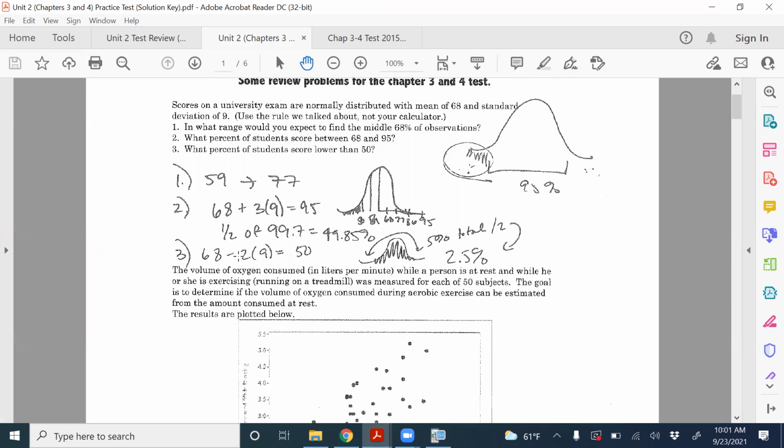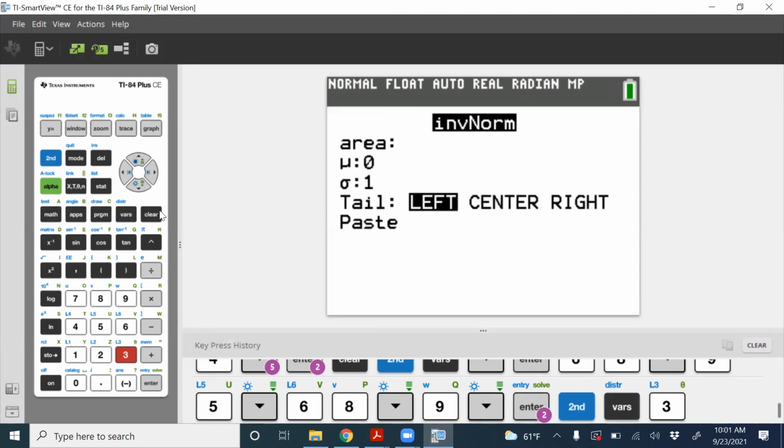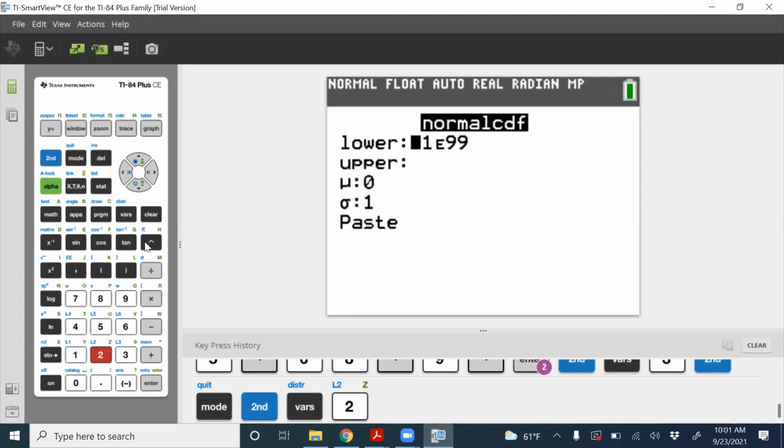And then lastly, what percent of students score lower than 50? So 50 is 2 standard deviations below the mean. But what you could do again is go back to the calculator, hit second vars with option 3. And since you want percentage, option 2, my bad. So you want to be less than 50.